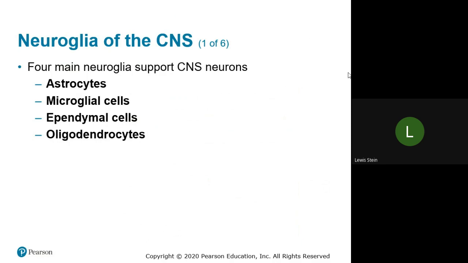They can reproduce. They have a cell cycle. Okay. Nerve cells do not, since they have reached the highest level of differentiation, we do not see cancers in nerve cells. We don't make more of them. Okay. When someone has a brain tumor, it is typically in the glial cells.